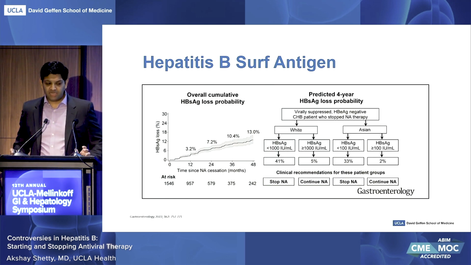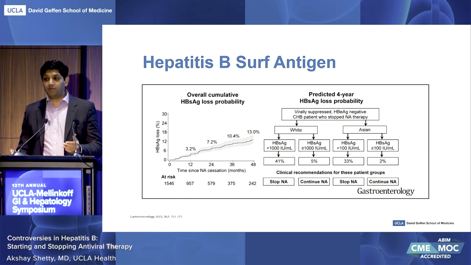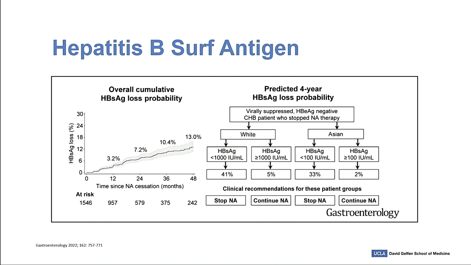Okay, so Hep B surface antigen is probably going to play a much bigger role in the newer set of guidelines. This study was a major study from 2022, highlighting the importance of Hep B surface antigen when considering stopping therapy. It was a multi-center study, multi-ethnic population, with greater than 1,500 patients enrolled.